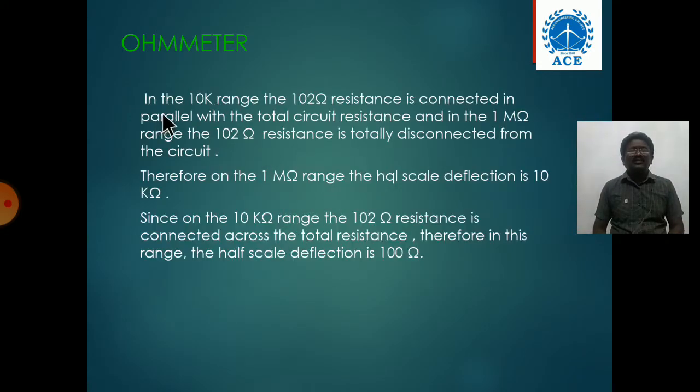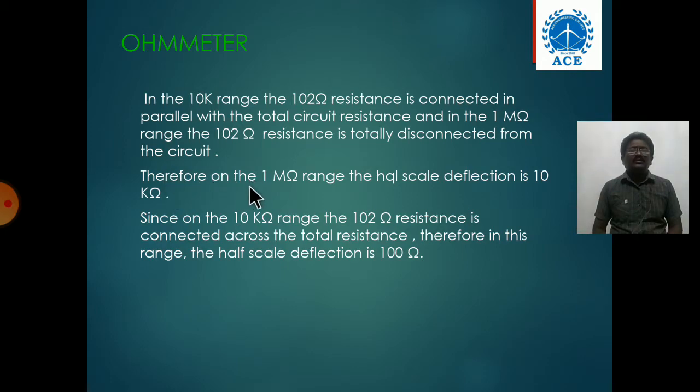I have written here that in the 10K range, the 102 ohms resistance is connected in parallel with the total circuit resistance, and in the 1 mega ohm range, the 102 ohm resistance is totally disconnected from the circuit.